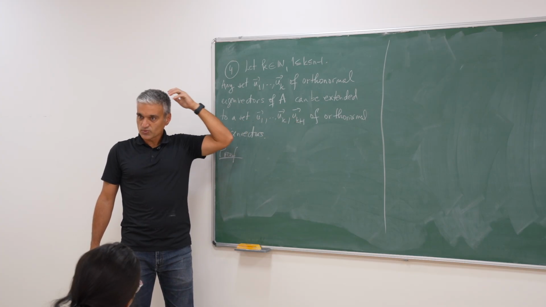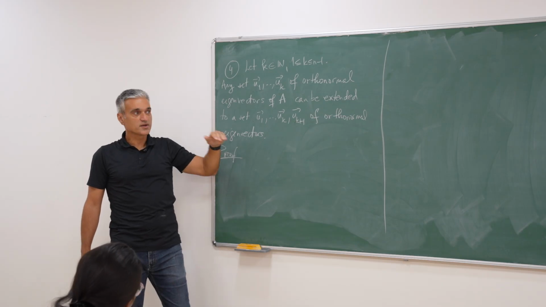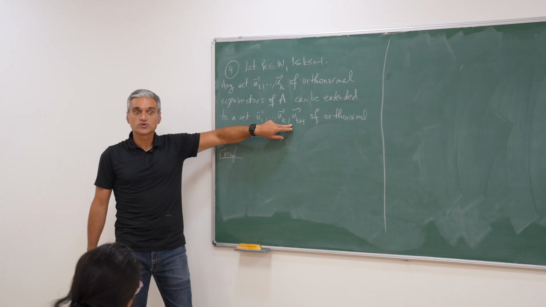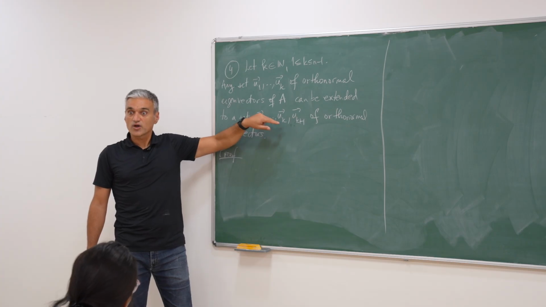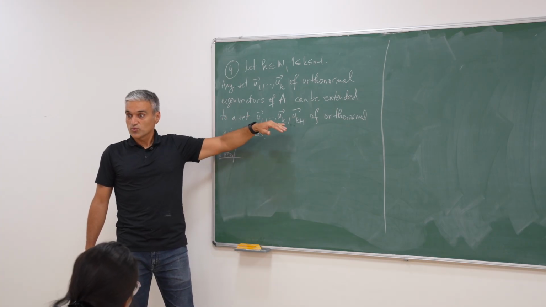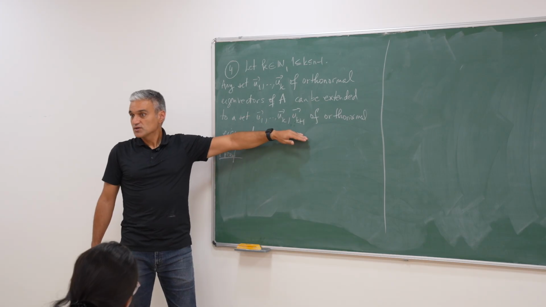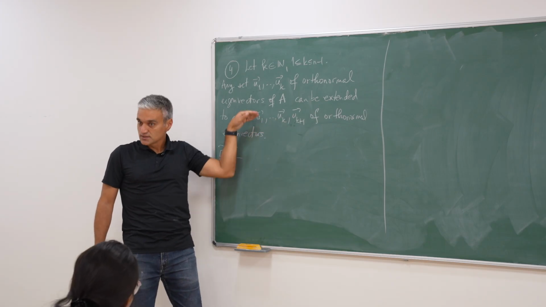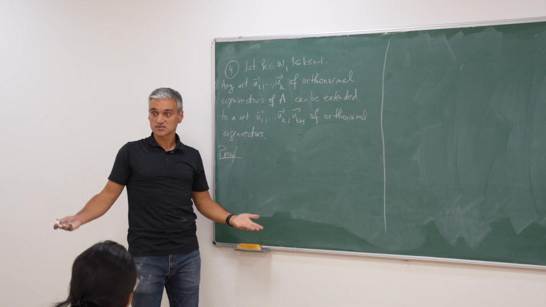Having length 1 is easy. Once you find it, you normalize, that's not a problem. But because of the statement, you know where to look for U(K+1). If you have U1, ..., UK and you're searching for something that's orthonormal, you want to look for U(K+1) in the orthogonal complement of the space spanned by these. And that's essentially the idea of the proof.